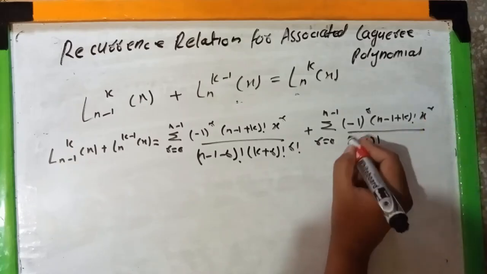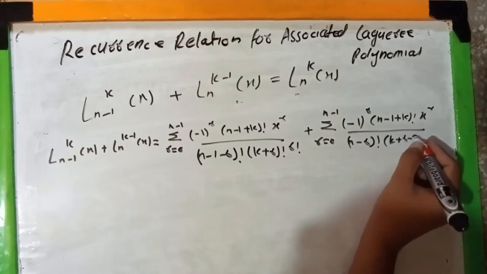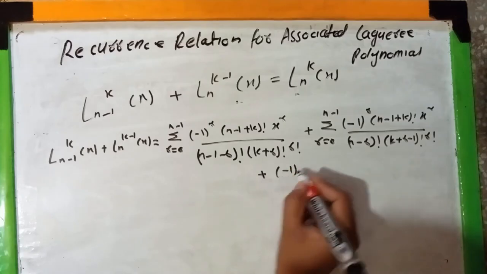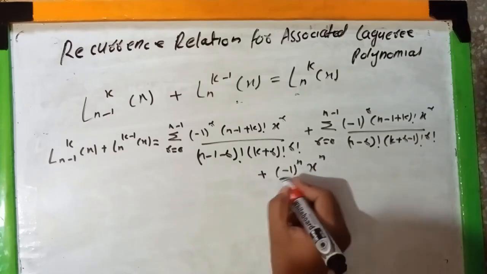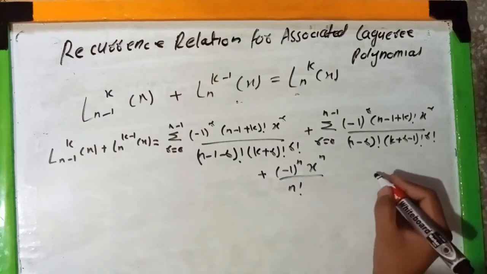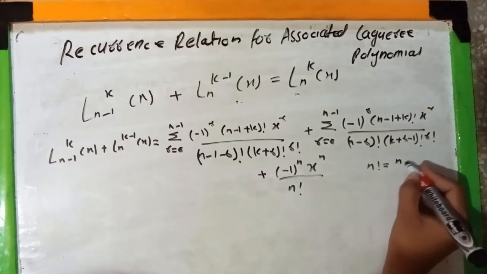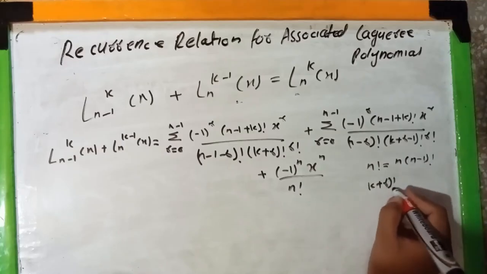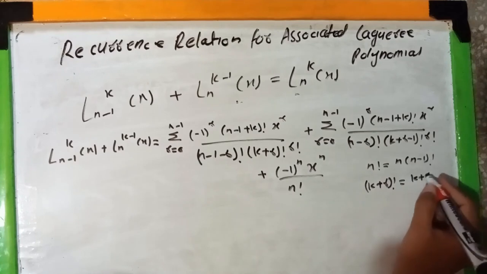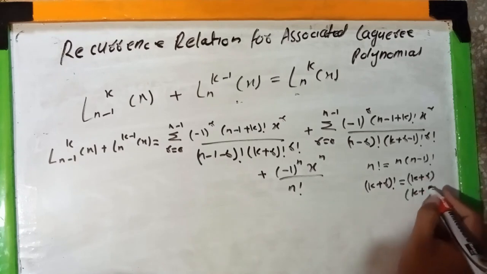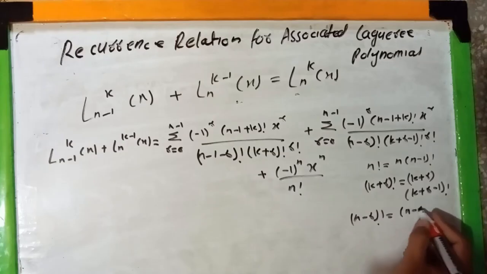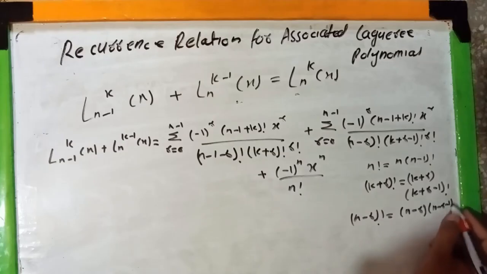We know n factorial is equal to n times n minus 1 factorial. So k plus r factorial is equal to k plus r times k plus r minus 1 factorial, and n minus r factorial is equal to n minus r times n minus r minus 1 factorial.